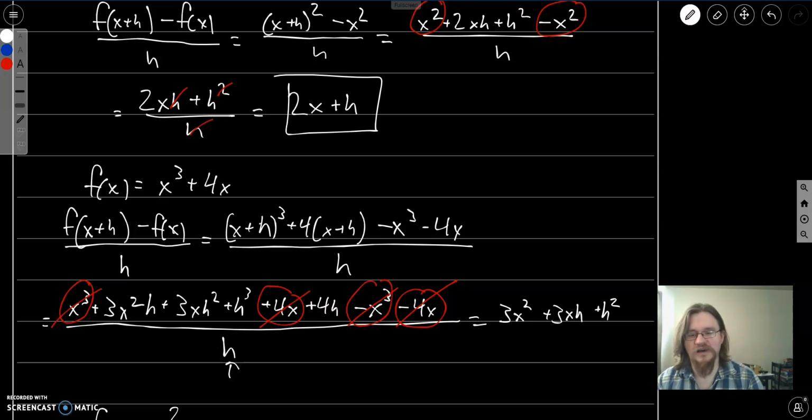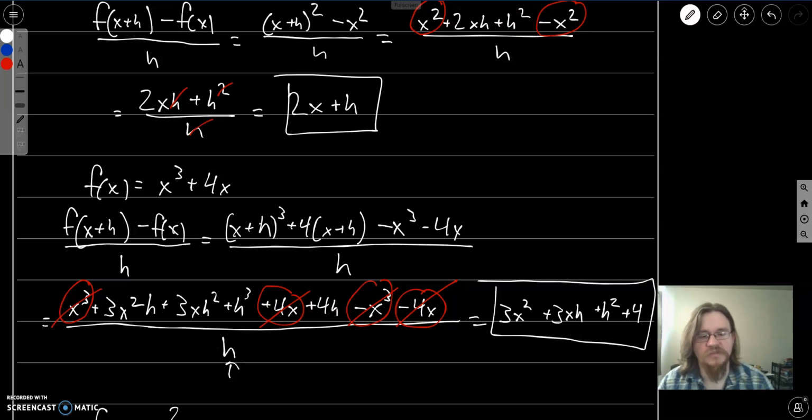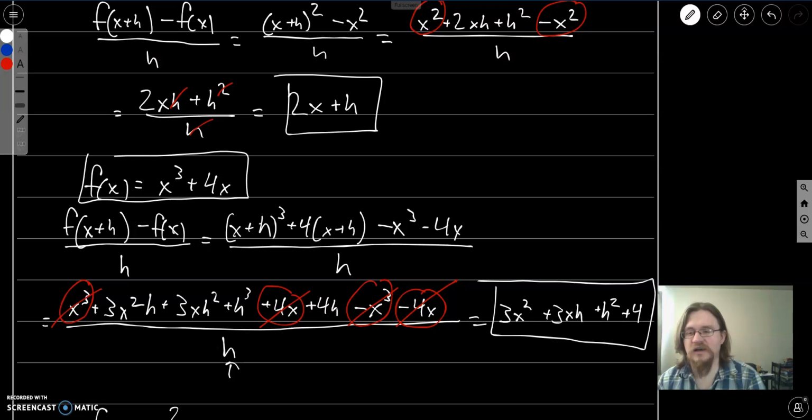And I've got a 4h over here divided by h. That's just going to be 4. And oh look, this is something where I can let h go to 0, and that would be an easy limit to take. So again, after we simplified our difference quotient, we got this.